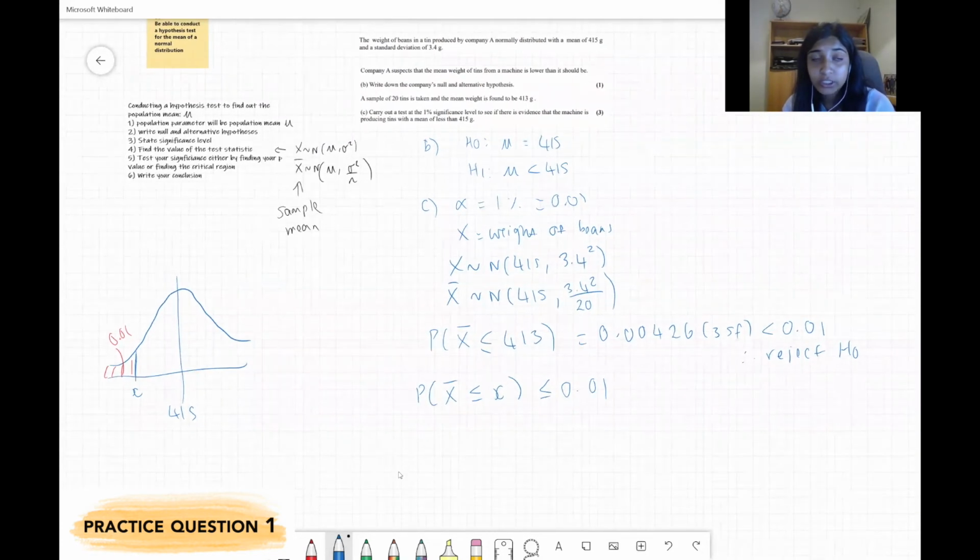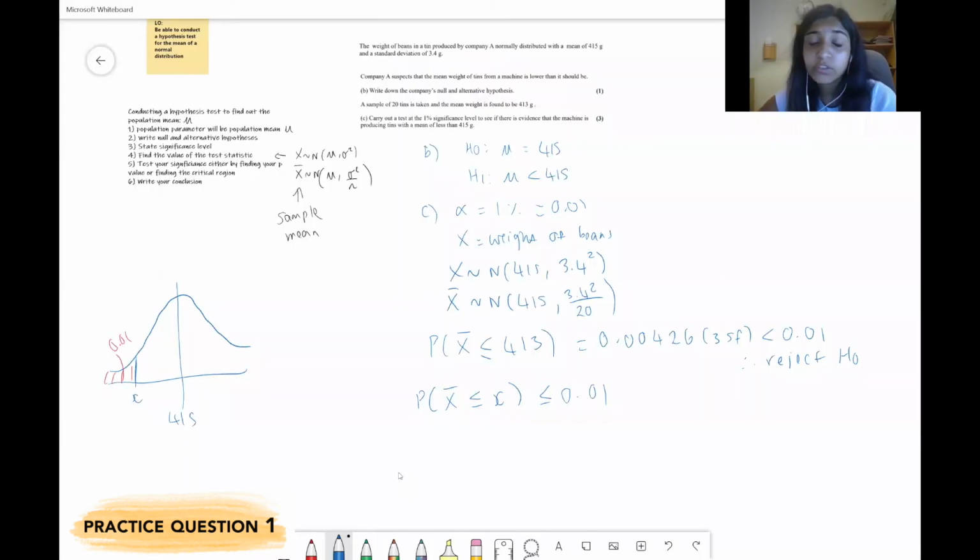In order to do this, we want to standardize this to make it into our standard normal distribution. So we want the probability that Z is less than or equal to, and we just standardize our x value. We do x minus 415, our mean, all over 3.4 over the square root of 20, and we want that to be less than or equal to 0.01.